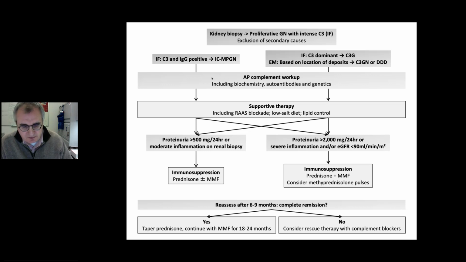Moving forward, if we fail with this treatment approach, we could use what we have at hand today as specific complement blockers, but moving forward, we would hope to have real complement blockers that were more specific and would allow us to be considered even at an earlier stage of this therapeutic algorithm.